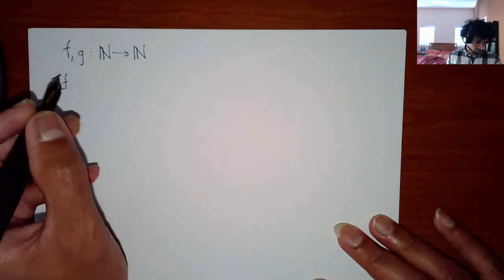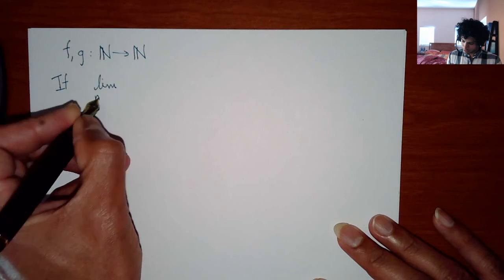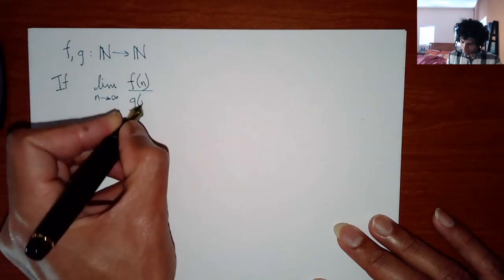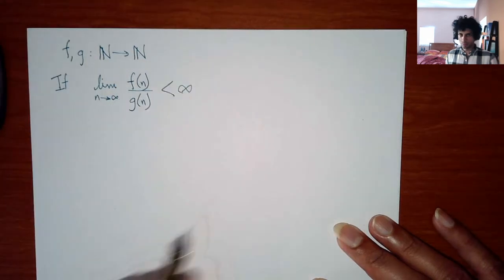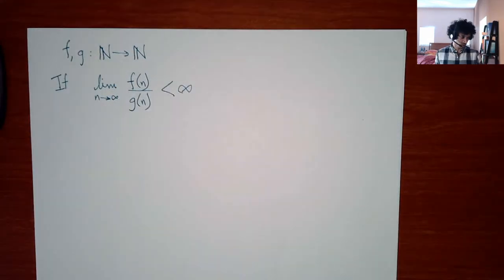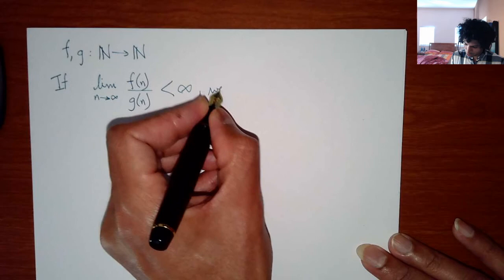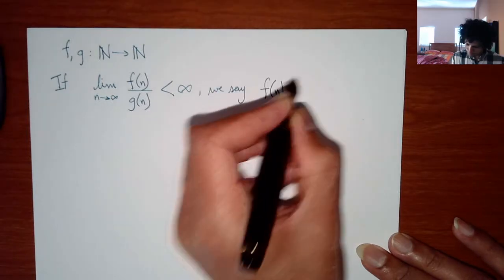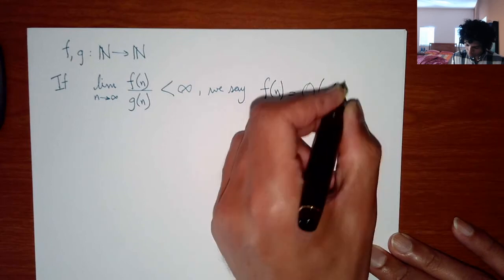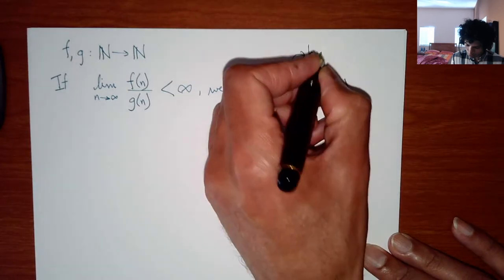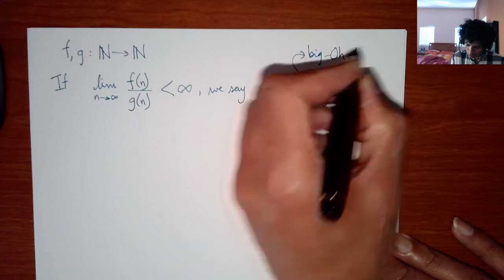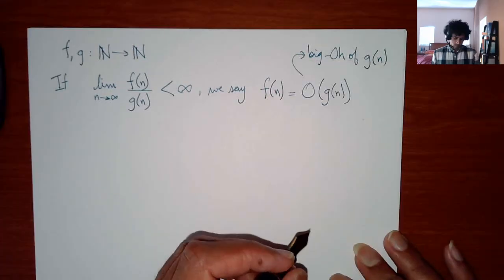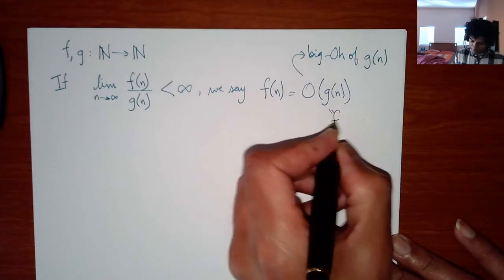If the limit as n goes to infinity of f of n divided by g of n is less than infinity, meaning that it could be 0 or it could be a constant, then we say that f of n is big O of g of n. This is like saying that f is less than or equal to g.